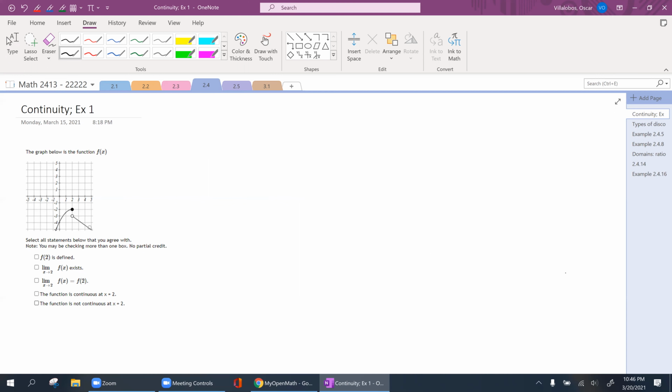In our first example, you're given a graph, and it wants you to check which one of the following is true. Let's find out. For part A, let's number these.